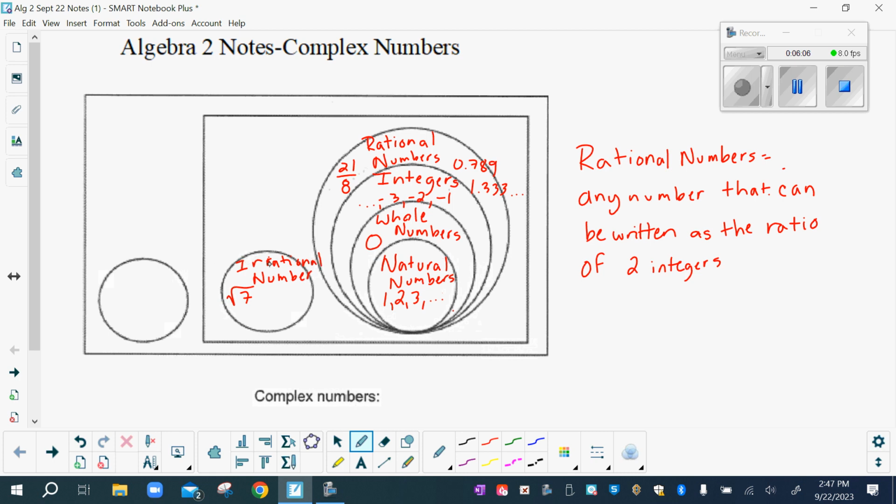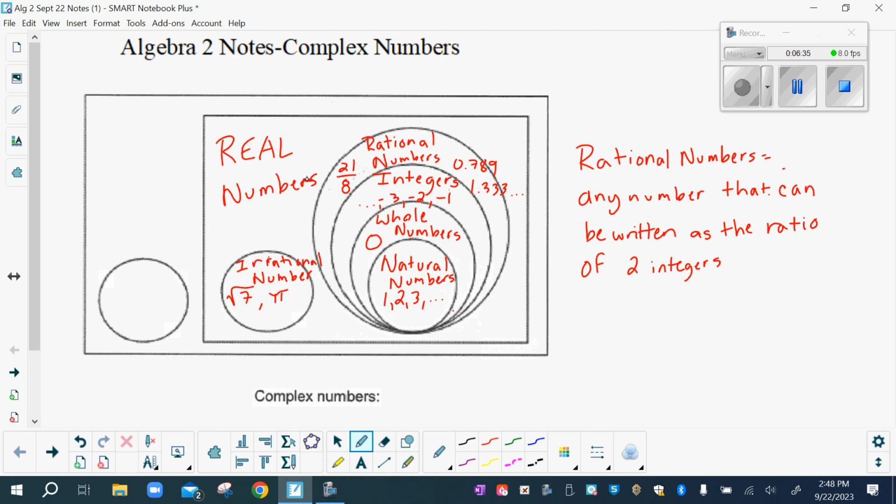Anybody have any idea of another irrational number? Pi, yes, good, pi. And lots of others. So those are irrational numbers, and irrational and rational together make up the real numbers.